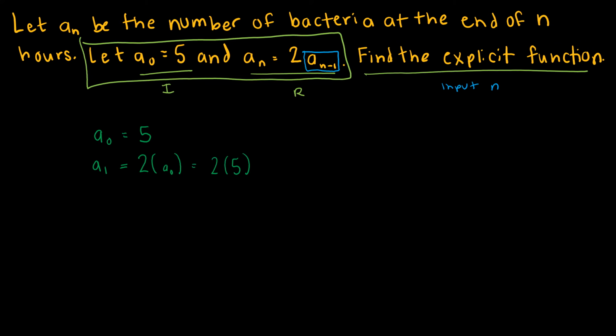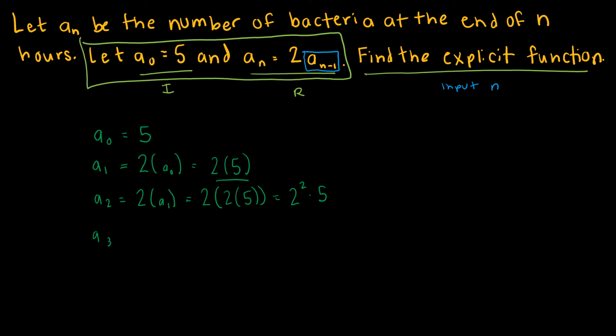And I could write that as 10, but I'm just going to leave it as 2 times 5. a2 would be 2 times a1. And remember, a1 was 2 times 5. So I could really write that as 2 squared times 5.